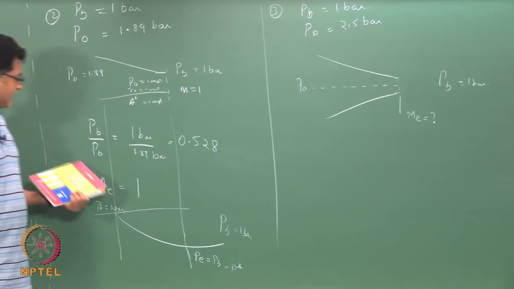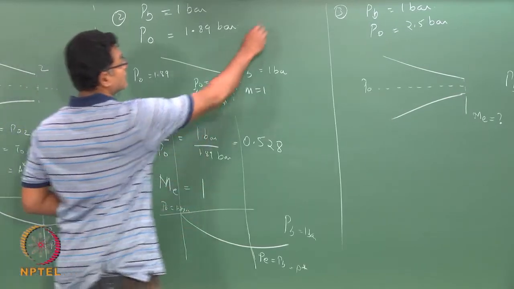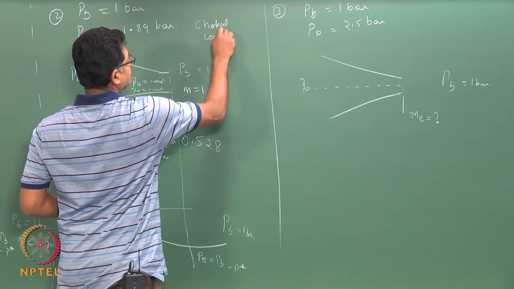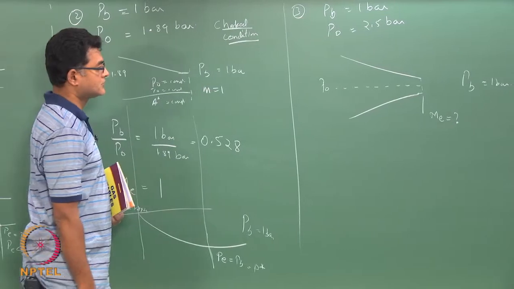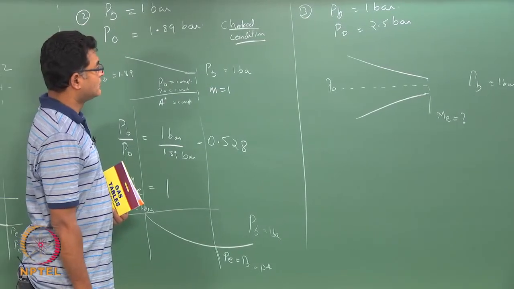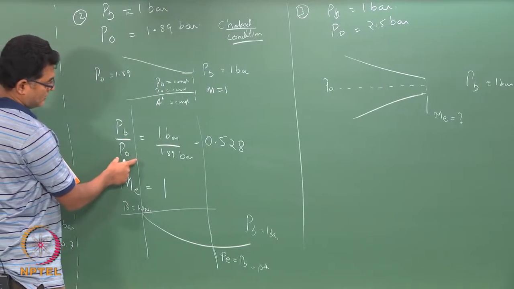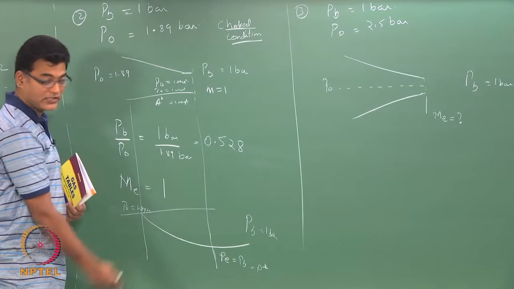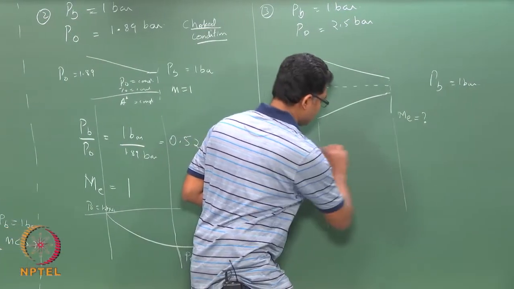In the previous case, since M equals 1, this is also your choked condition. So, any pressure smaller than this ratio is going to be a choked condition. That is what we had seen in the previous lectures.